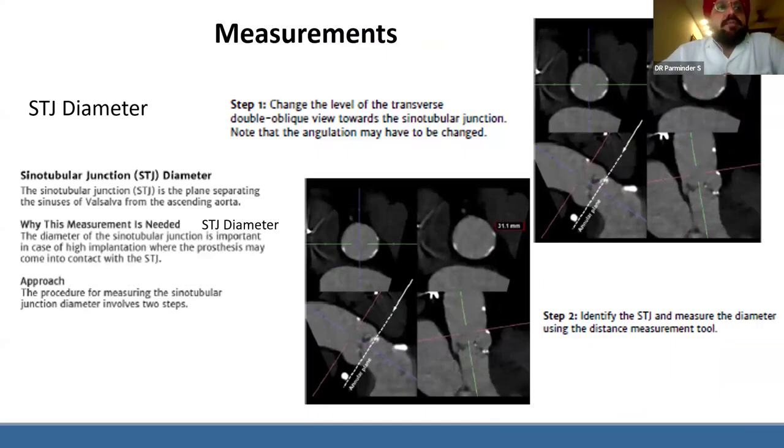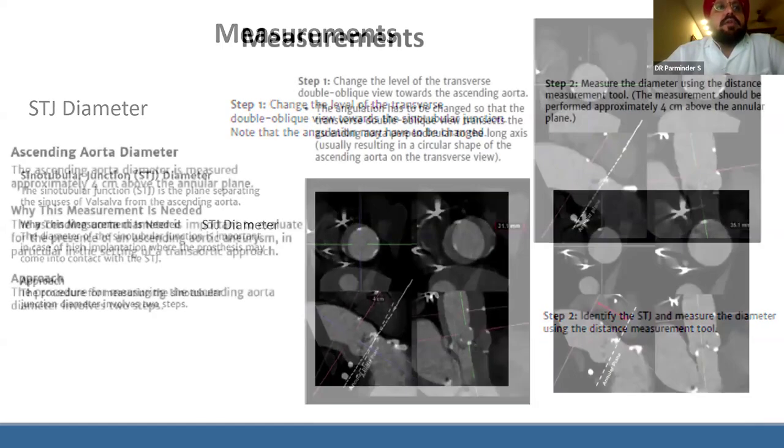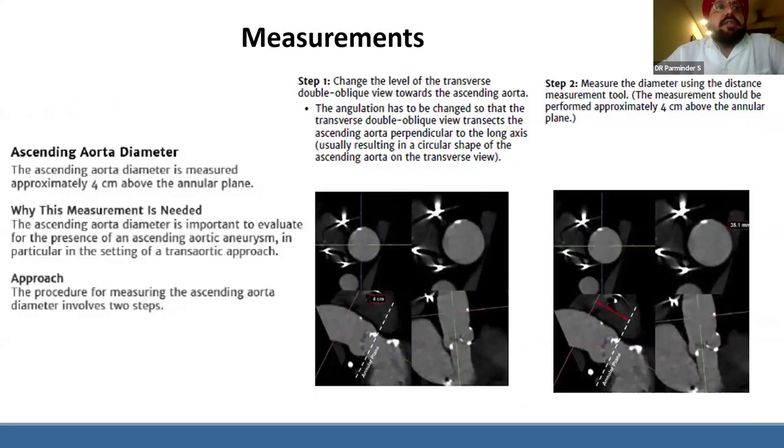This is important in case of high implantation where the prosthesis may get in contact with the STJ. The ascending aorta diameter is usually measured 4 centimeters above the annular plane. This is important to look for aortic aneurysm in the ascending aorta, especially in the setting of transaortic approach.